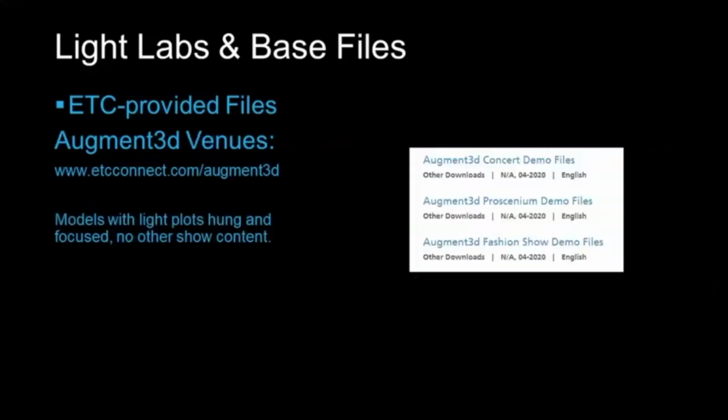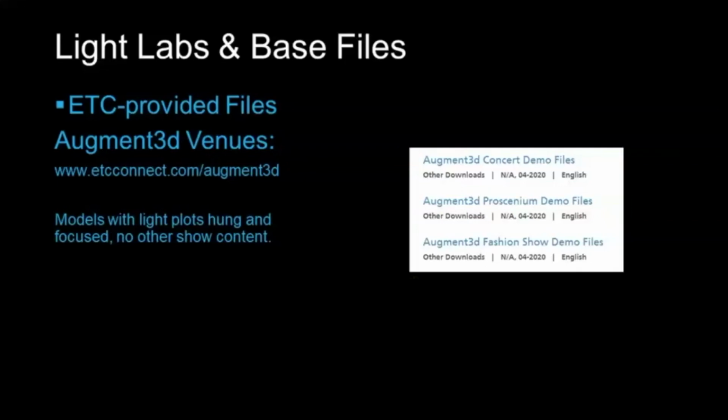The other files, these are models with light plots hung in focus and no other content. So these are for maybe medium to advanced users. You can give them a concert venue, there's a proscenium demo venue, and there's a fashion show venue, which is sort of 2 prosceniums on a runway.